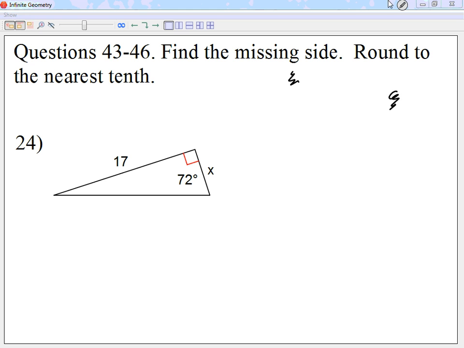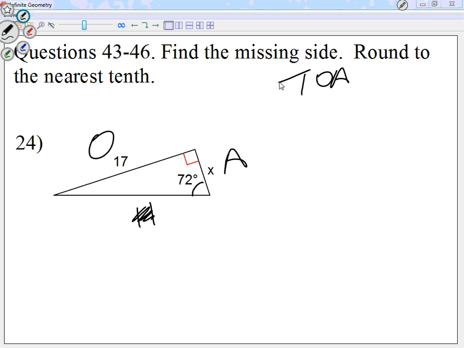Okay. I see my 90 degrees. The side that is farthest away from the 90 is the hypotenuse. I see my 72 degrees. The side that is farthest away from 72 is my opposite. So this is my adjacent. I don't have anything about the hypotenuse. I have opposite and adjacent. So I remember something about opposite and adjacent, which is tangent.